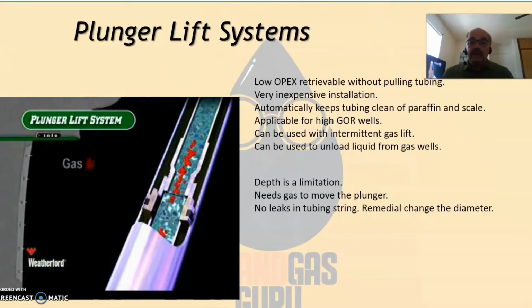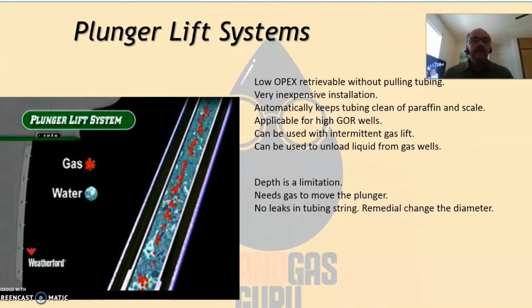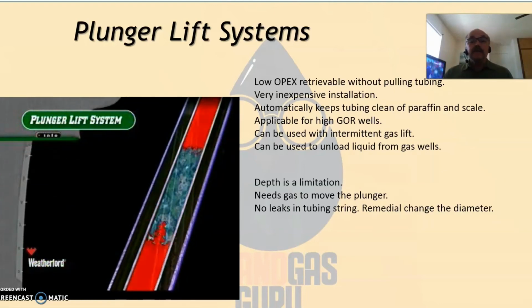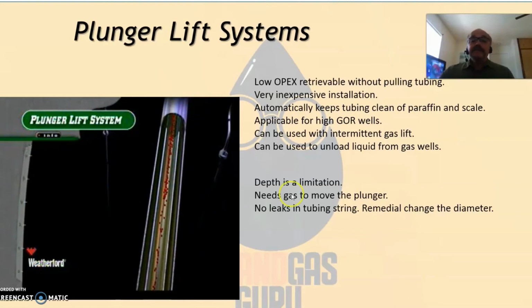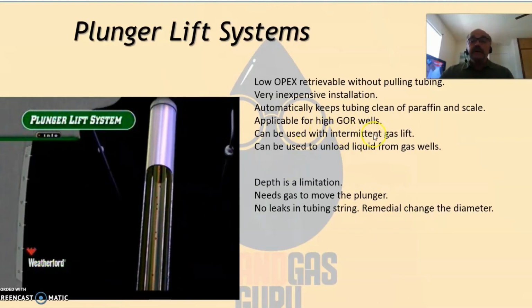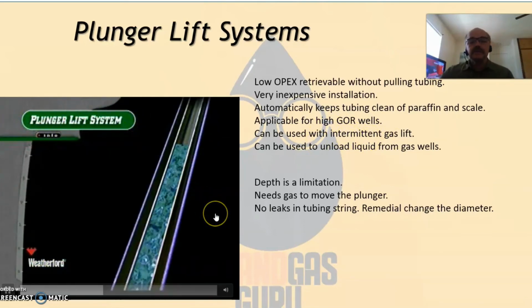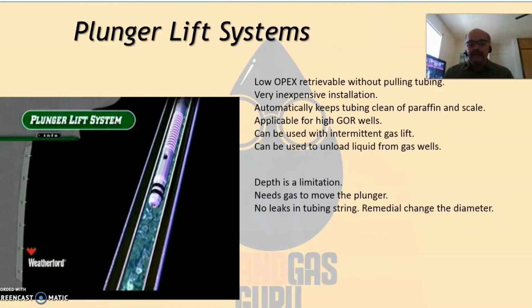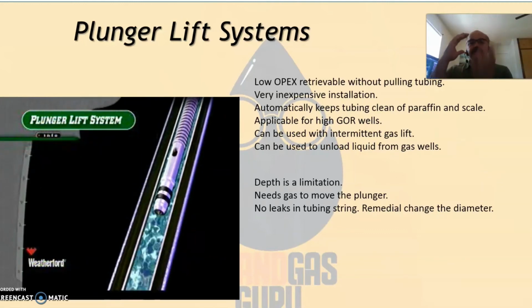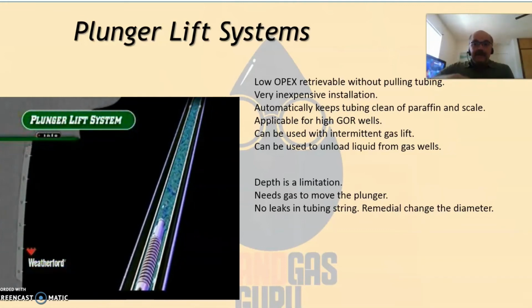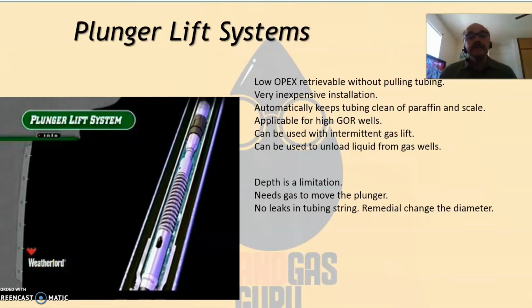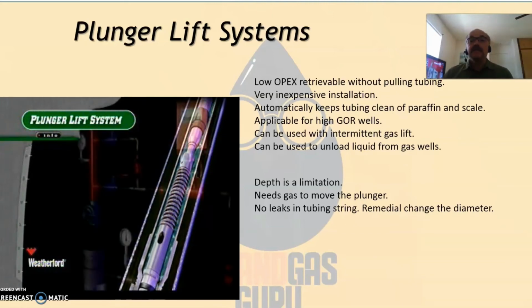Also when we have high GOR wells, a lot of gas and very low liquid, we use a plunger, because we need the gas and the pressure to lift the plunger and get the liquids out of the way. And if we have a well that is not producing very much, like intermittent gas lift, we use it to reduce the fallback. Because when we use gas lift, part of the slug that we're lifting goes back. So the plunger is okay for those kinds of cases.